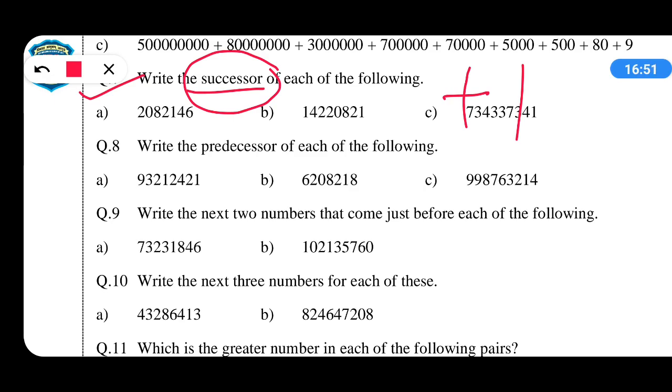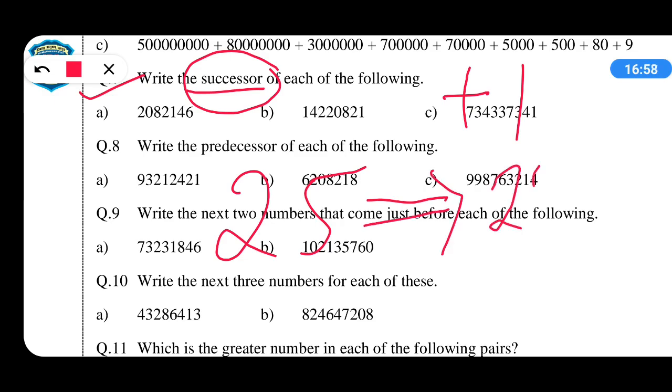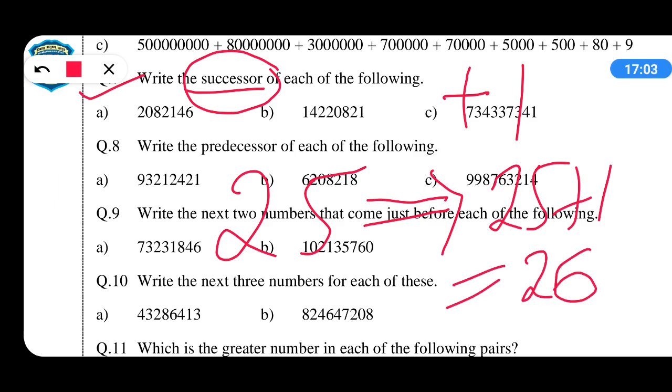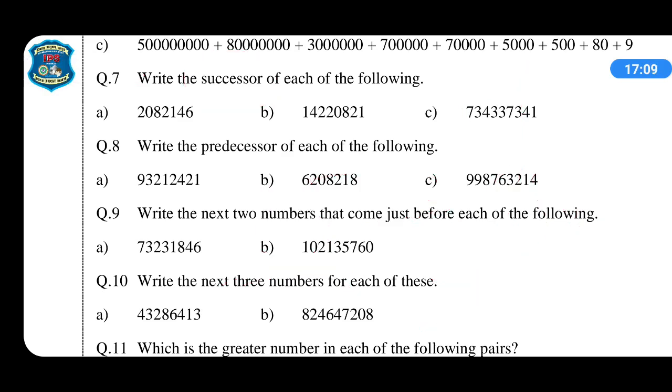The next number, suppose a number is 25. So what is the successor of 25? 25 plus 1, that is 26. So the successor of 25 is 26. So directly you can add 1 and you will get the successor.